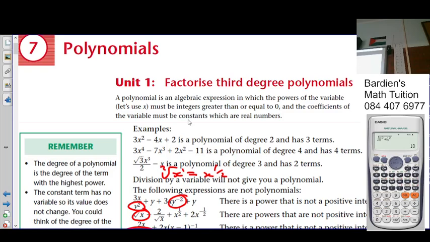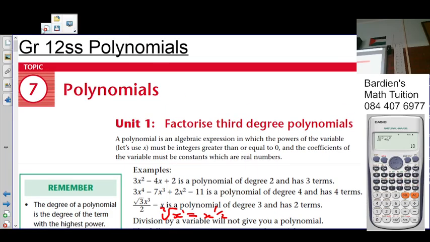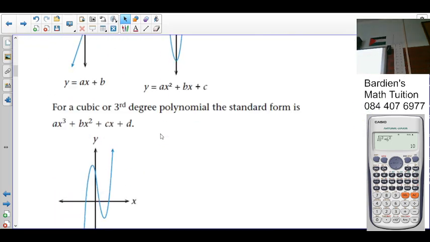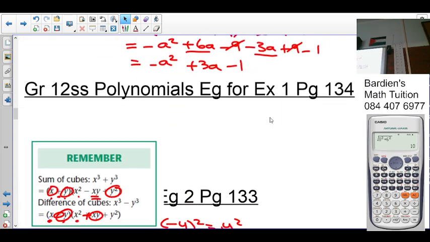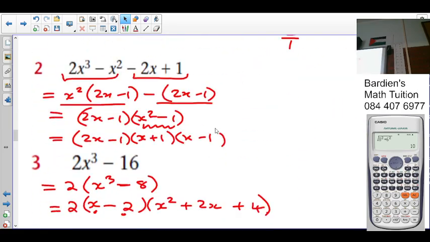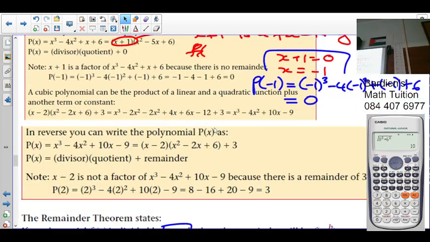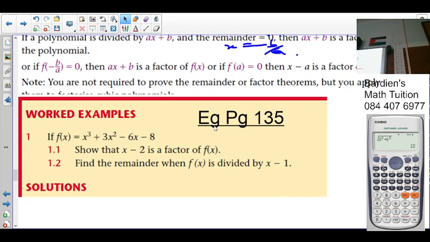So today we're looking at polynomials. At this point we went through all the theory dealing with your remainder and factor theorem.